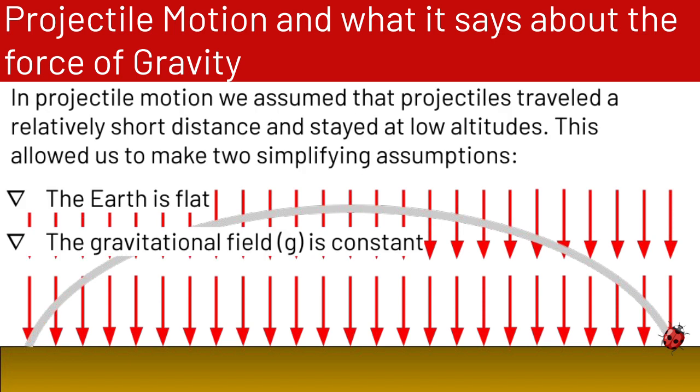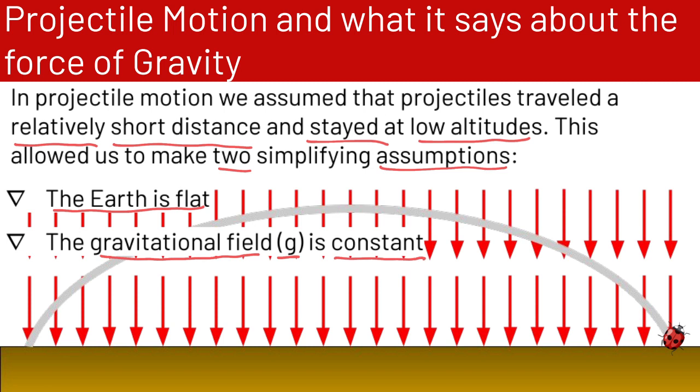Okay, so in projectile motion, we assumed that projectiles traveled a relatively short distance and stayed at low altitudes. This allowed us to make two simplifying assumptions. One assumption is that the Earth is flat, which we know is not true. And the second is that the gravitational field, which we call g, is constant.